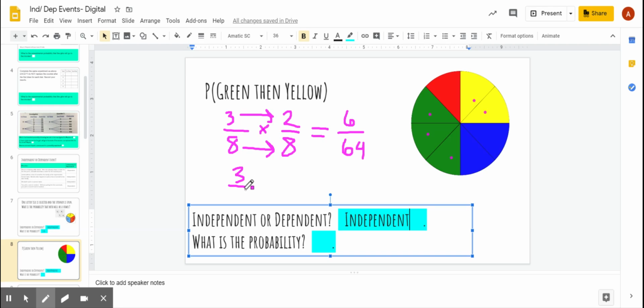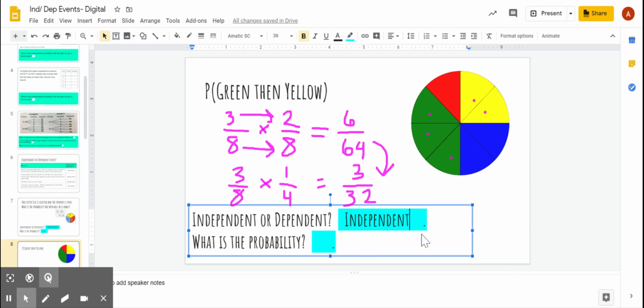So 3/8 times, this is really 1/4, which would give us 3/32. Same thing if we had simplified that, divided each by 2, we would get 3/32. So our probability is 3/32. Okay, the probability of the first event times probability of the second event.